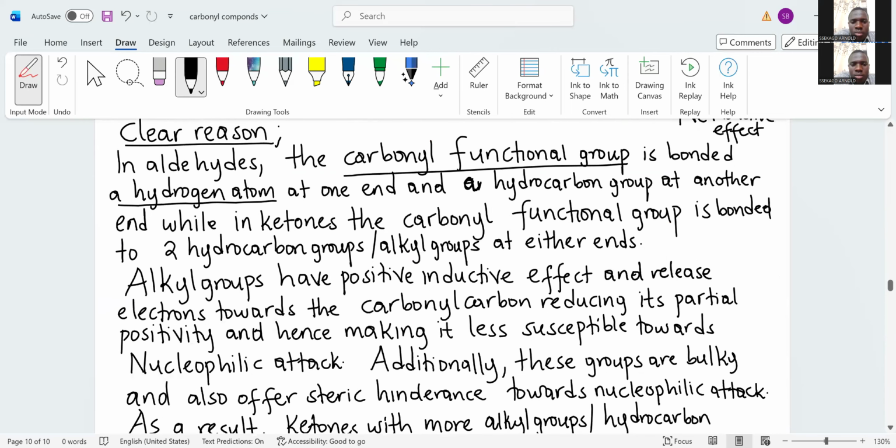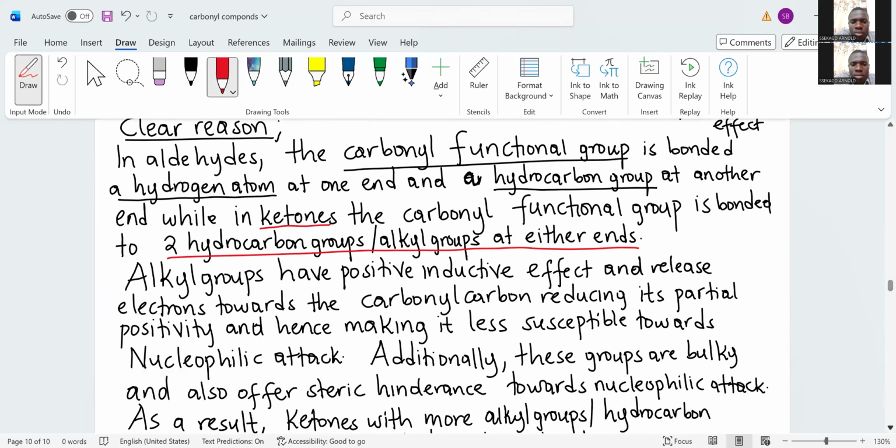The carbonyl functional group in aldehydes is bonded to a hydrogen atom at one end and a hydrocarbonic group at another end, while in ketones it is bonded to two hydrocarbonic groups at either end.